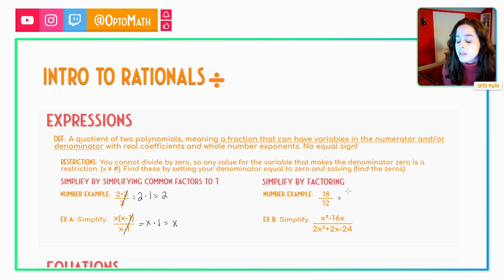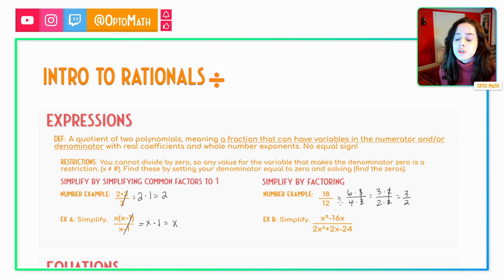So 18 could be broken down into 6 and 3, and 12 could be 3 and 4. Now that takes out one common factor, but then we can look at our 6 and our 4. 6 can be 3 times 2, and 4 can be 2 times 2, which we see we have another common factor of 2. So that goes away as well. It simplifies to 1. And now we have our final answer of 3 divided by 2.